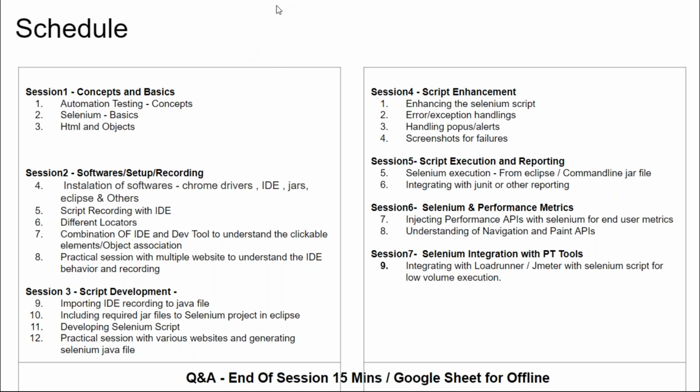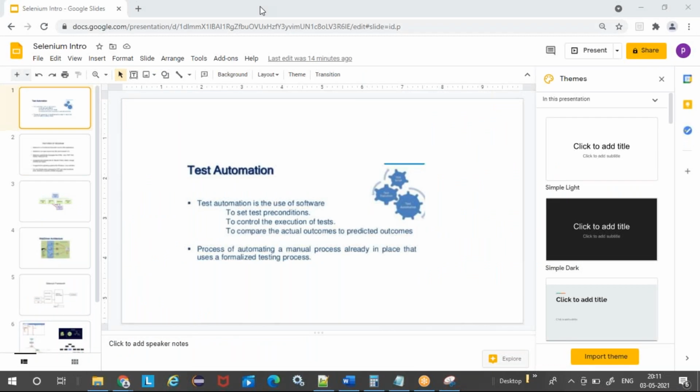So let me go to the introduction part. Today we'll spend the next 20-25 minutes. As I said earlier, we're just going to keep it a little short today because people are yet to join. They might be joining tomorrow, so we don't want a lot of content to be missed out today.